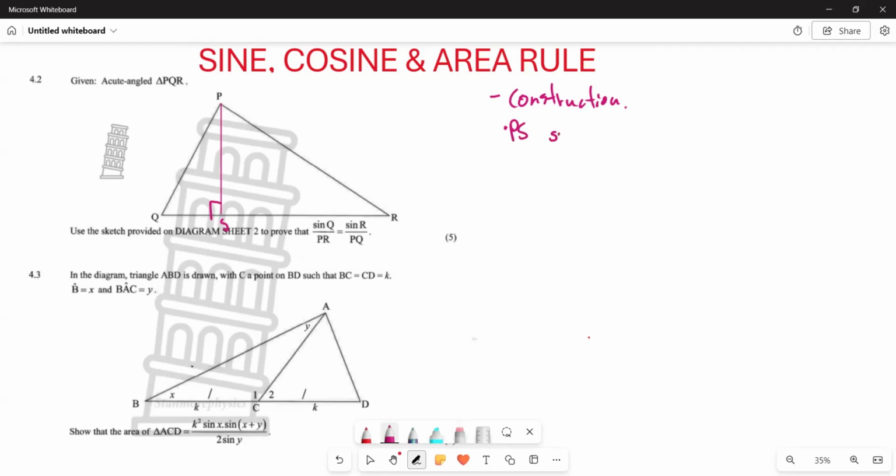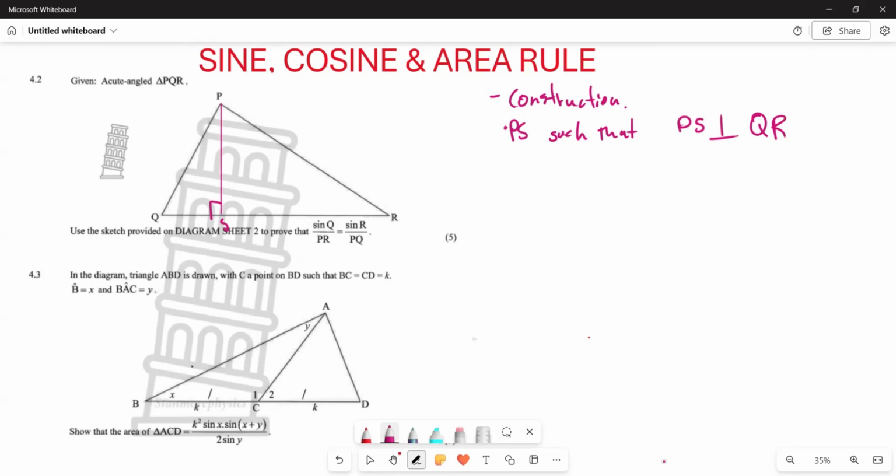Construct PS such that your PS is perpendicular to your QR altogether.